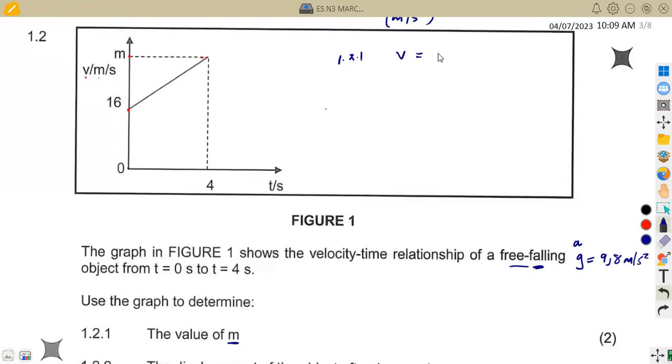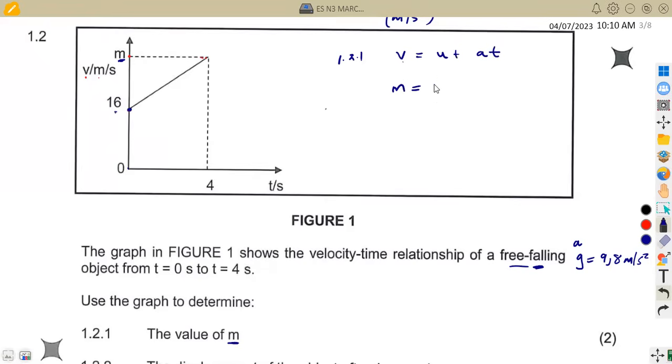Velocity is equivalent to u plus at. Remember, I said a is going to be represented by g, which is 9.8, for acceleration, since it's a free falling object. So v is the final velocity, which is the same as this m that we are given. So if m is representing v, our final velocity, therefore m is equal to u plus at, where u is your initial velocity.